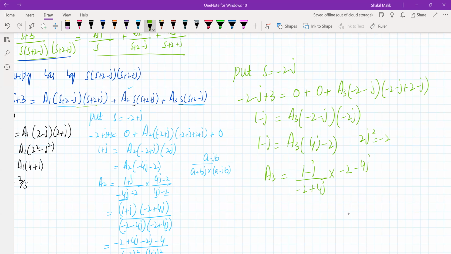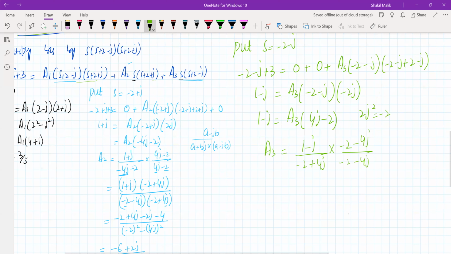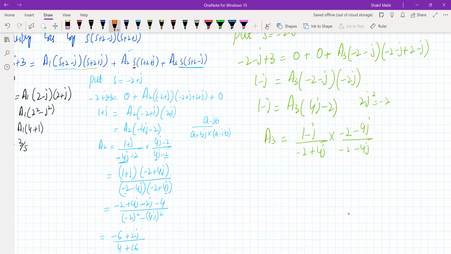If it is plus 4j here, we'll multiply it by minus 4j. That's how we do the rationalization. You can see it is plus 4j here, so we'll use minus 2 minus 4j to eliminate the j term in the denominator. That's the goal here. This is referred to as rationalization in complex numbers.